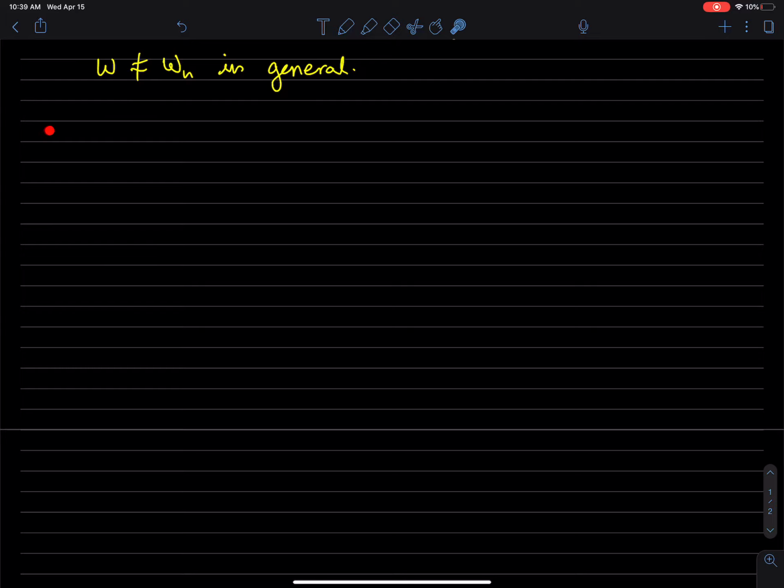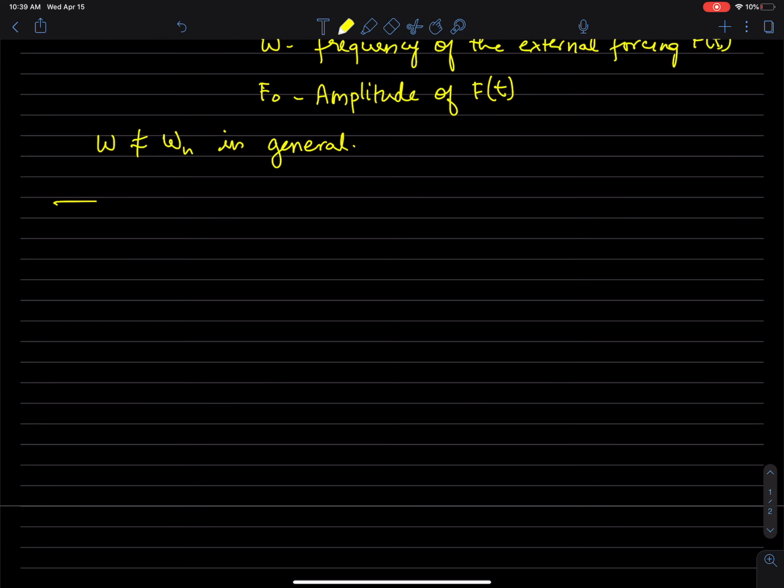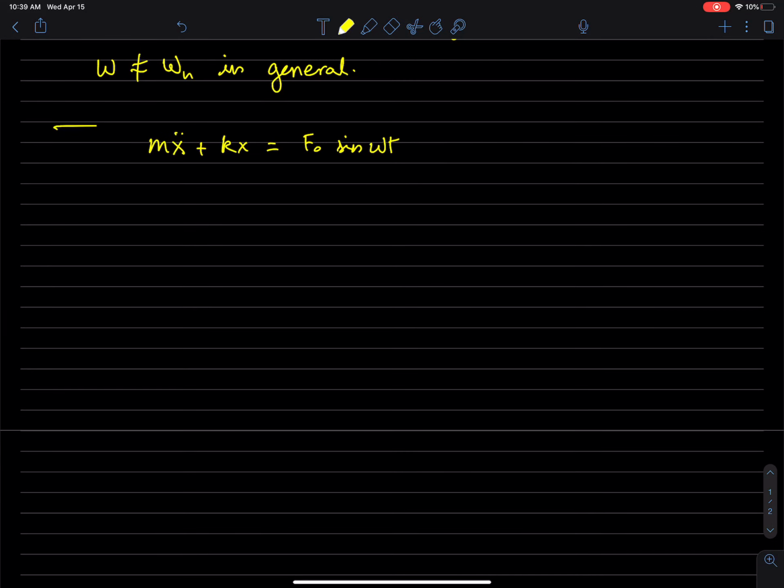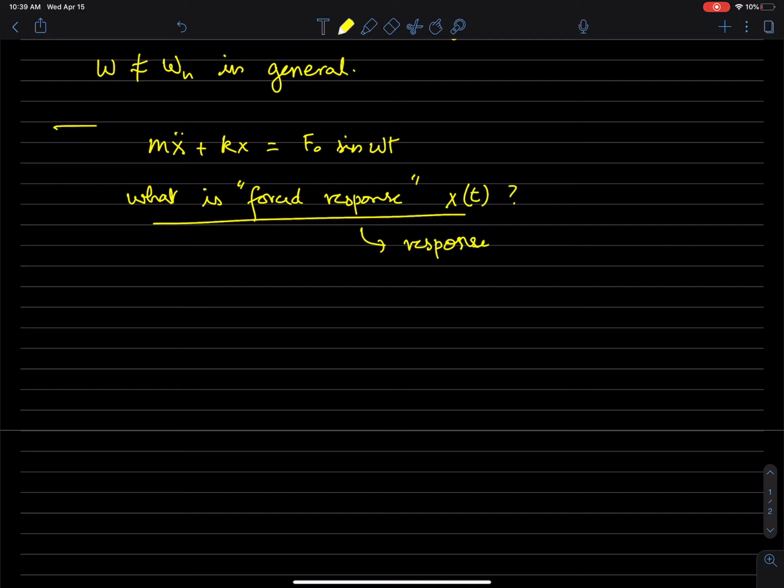Okay, so let's now examine this equation, mx double dot plus kx equals f naught sine omega t. Okay, what is called the forced response, x of t, a response to this force.